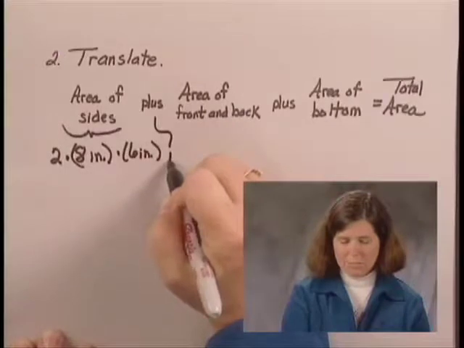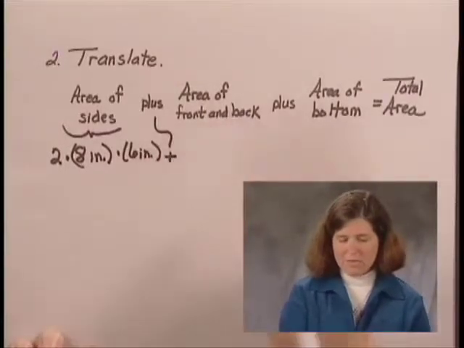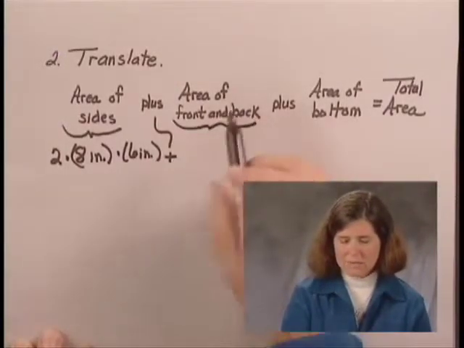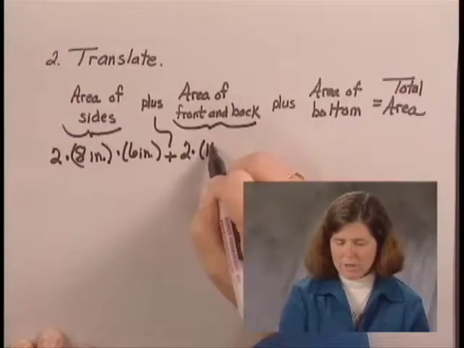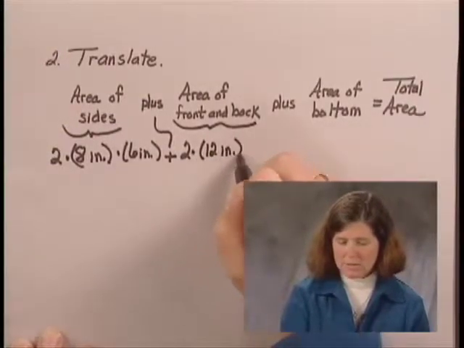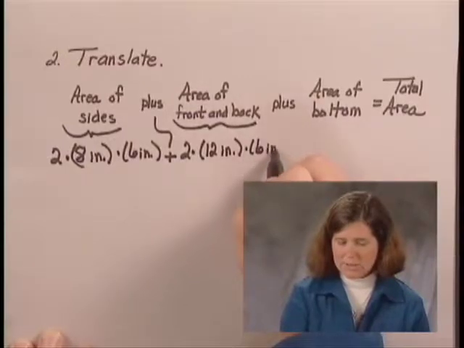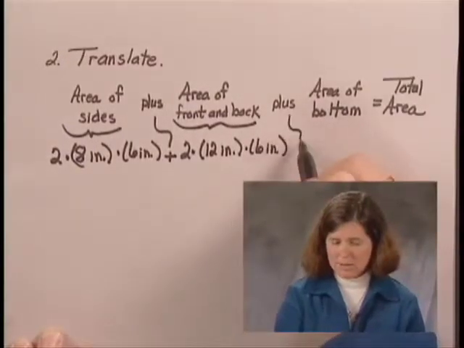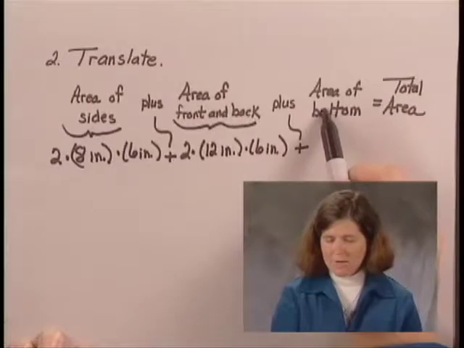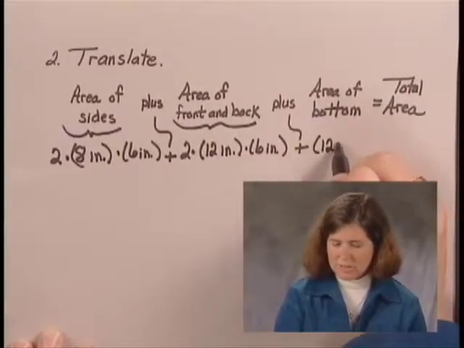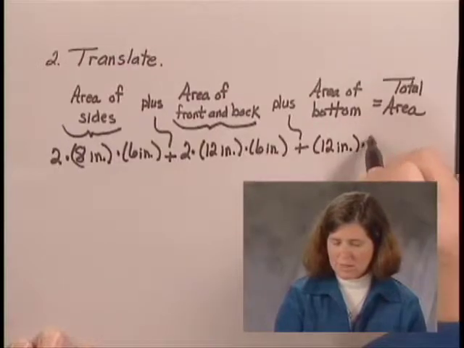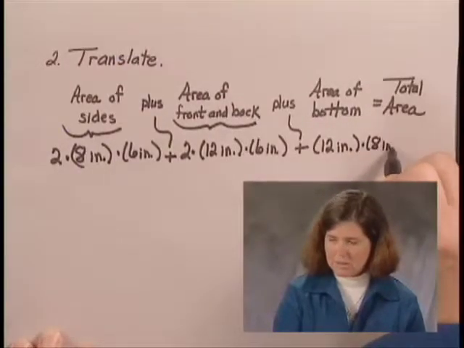This translates to plus. The area of the front and the back, we said, was 2 times 12 inches times 6 inches plus the area of the bottom, we said, was 12 inches times 8 inches.